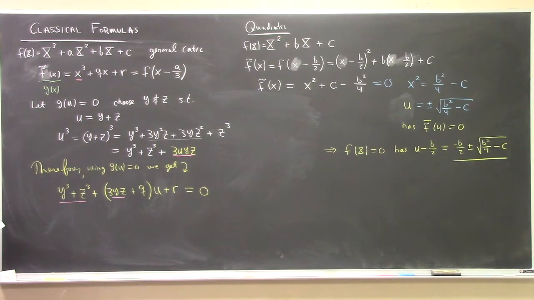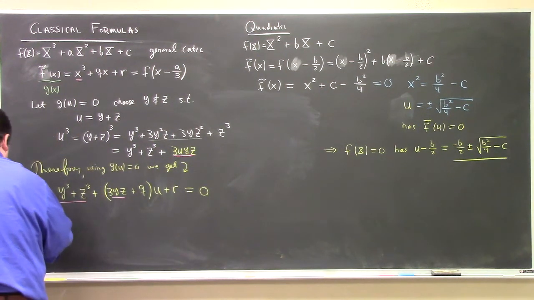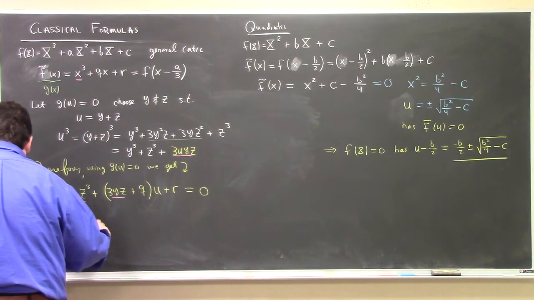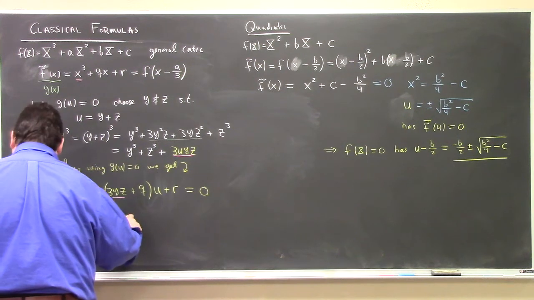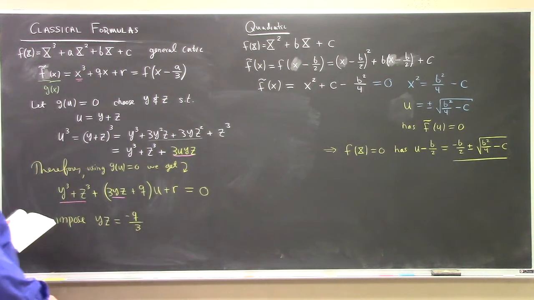So far, we've imposed only one constraint on y and z, namely that u is equal to y plus z. By exercise 68, we may impose a second constraint, namely that yz is equal to minus q over 3.